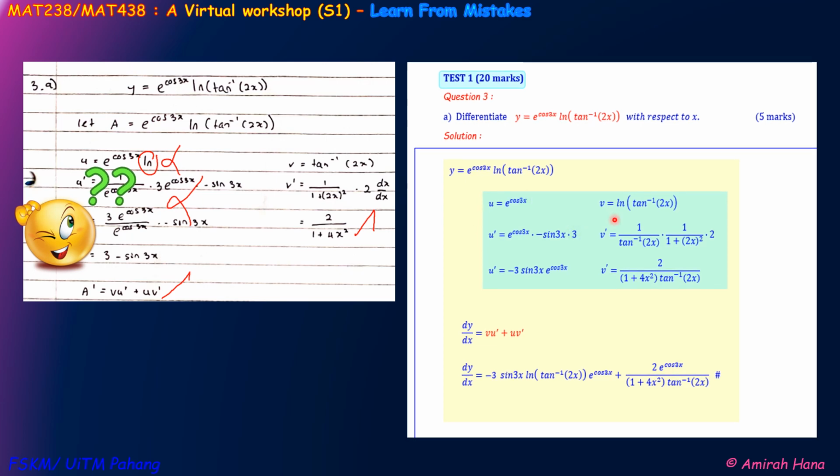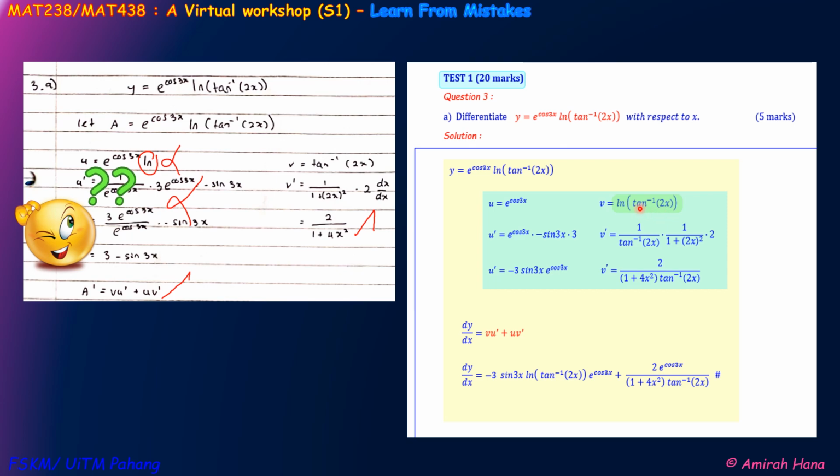And then to differentiate v equals to ln inverse tangent 2x. Okay? We have two composite functions here: 2x inside inverse tangent, and inverse tangent 2x inside ln. So first we need to differentiate ln inverse tangent 2x. We just assume inverse tangent 2x is like x.